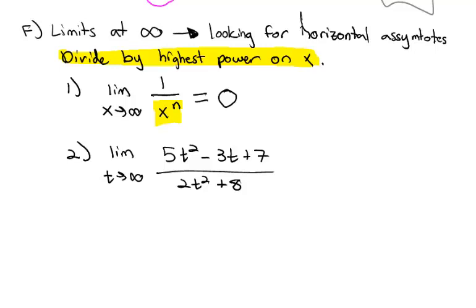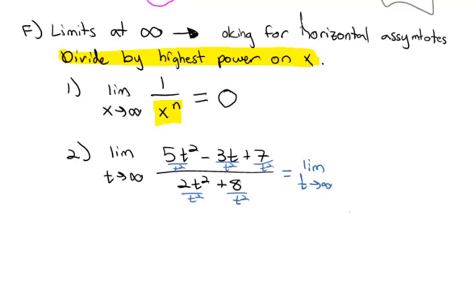So we need to use this strategy where we're going to divide by the highest power on, in this case, t. Notice it goes up to t squared, so we're going to divide every part by t squared. We're going to divide everything by t squared. So now we have the limit as t goes to infinity.